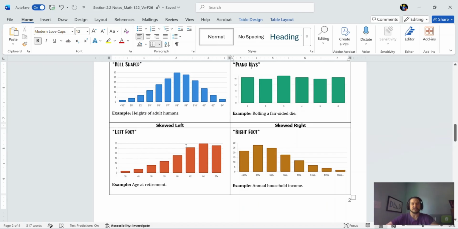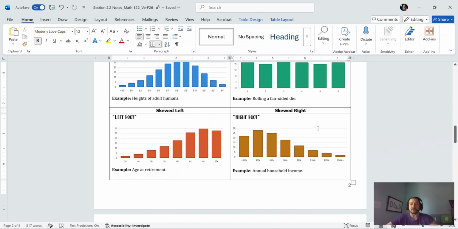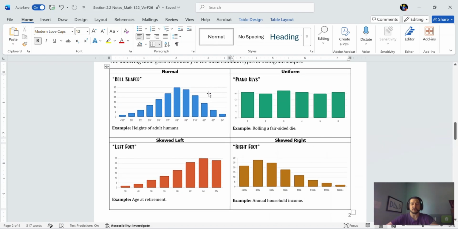So if I'm pushing things to the right here, then that would mean the balloon is on the left-hand side. And you can contrast that with skewed right, or a right skewed graph, by having the balloon on the right-hand side. Okay, so if I were to expand a balloon over here in this upper right-hand corner, that would begin to push these towards the left.